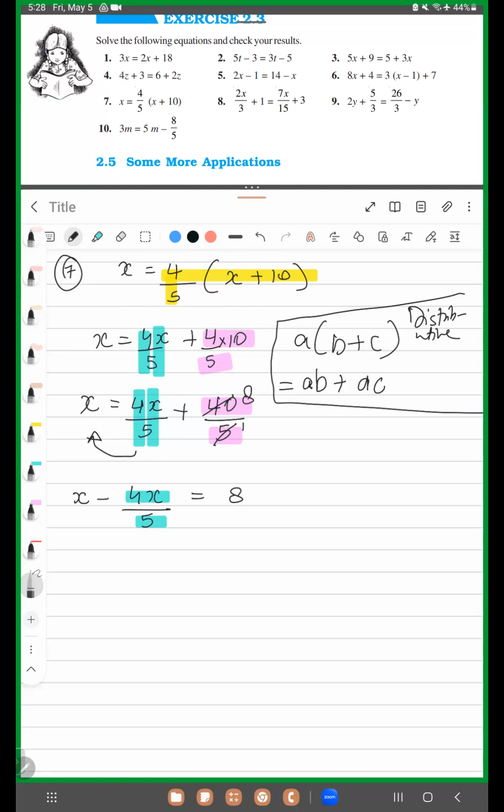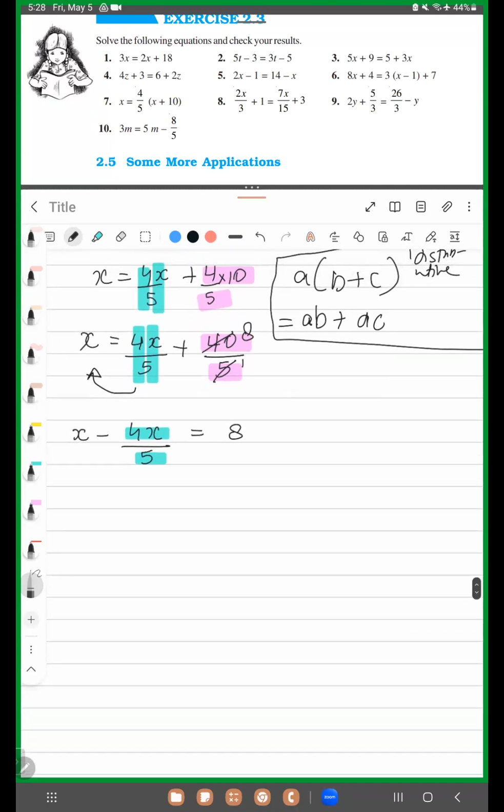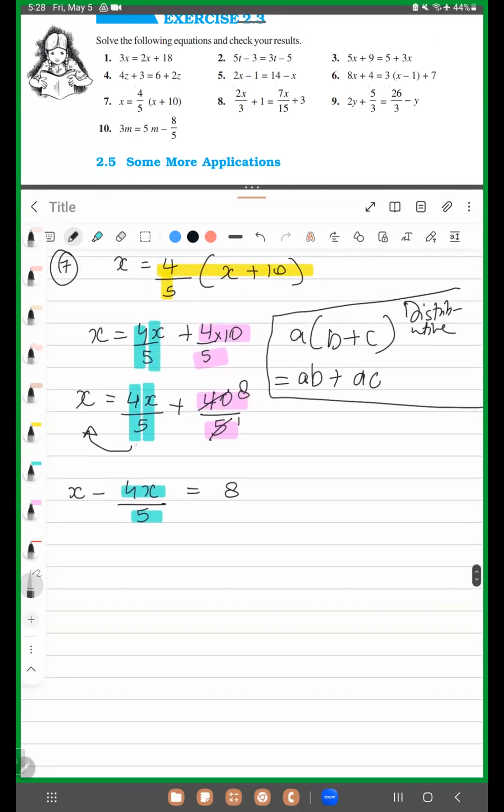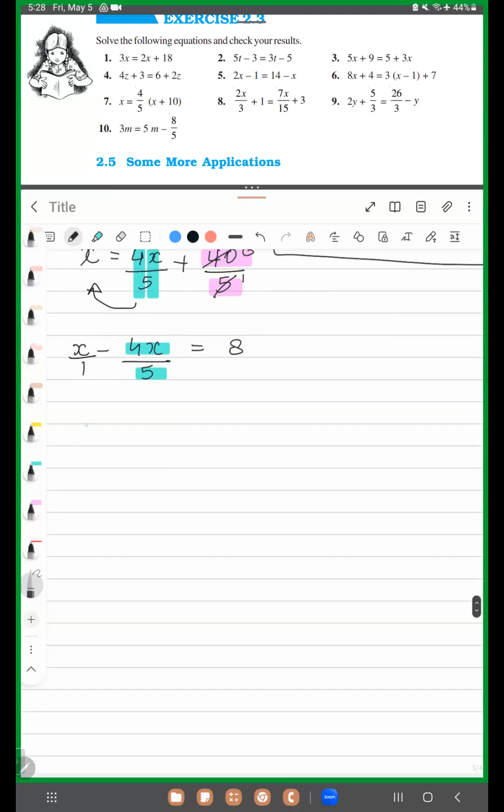Understood? So here our x became free to move. So we sent the 4x by 5 to the other side. Okay? Can we write x by 1 minus 4x by 5? Sure. Now you have to solve these.